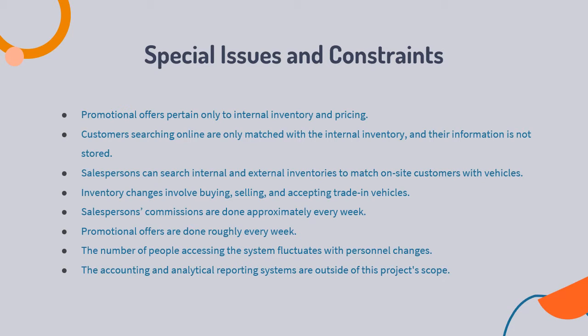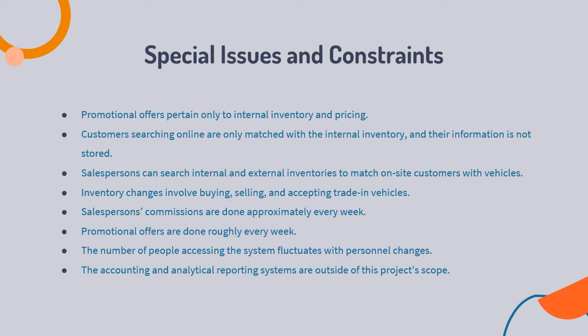As a matter of definition, inventory changes involve buying from suppliers or other dealerships, selling, or accepting trading vehicles from customers. Two strategic constraints are the frequency of commission disbursements and the frequency of promotional offers, both of which are done approximately every week.